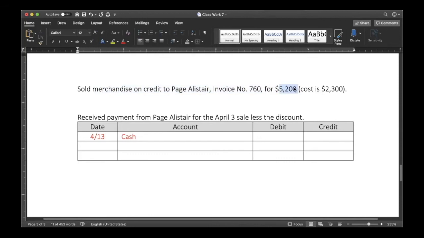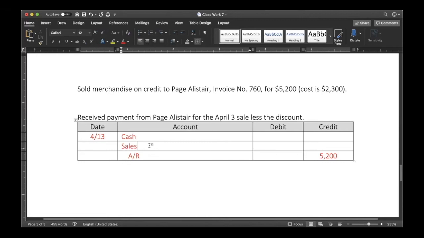Paige Alastair owed us $5,200. That entire debt is going away, accounts receivable, $5,200. But Paige Alastair is not giving us $5,200. There's a discount. Remember, 2, 10, and 30. There's a 2% discount. What's the name of the discount account that we use when you make a sale?